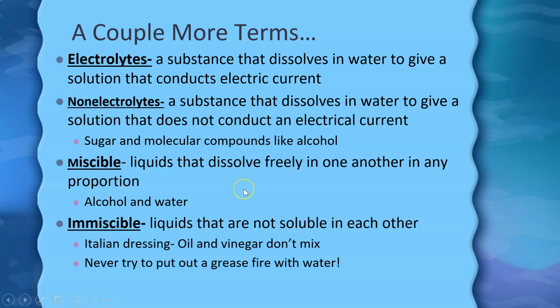A couple of other words, miscible versus immiscible. Those have to do with liquids. Liquids that mix or dissolve freely in one another in any proportion are considered to be miscible. So ethanol, for example, and water. You can't have ethanol until you are 21, but when you are 21, you will discover that you can get ethanol in water in any proportion between 3% and 97%.